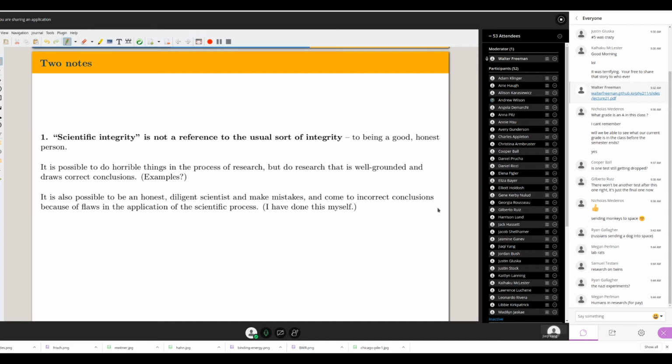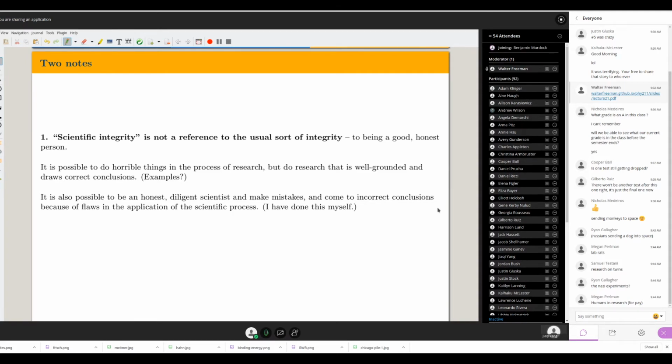So Megan mentions paying humans to be research subjects. Yes, if that research harms the people involved, then there are some very real ethical concerns there. But it turns out that paying people to be part of your studies can also lead you to get incorrect conclusions. It kind of is both unethical and bad science unless you are very careful.